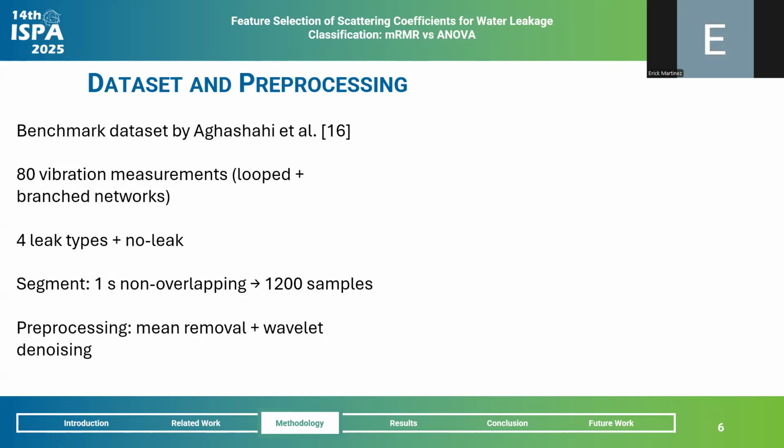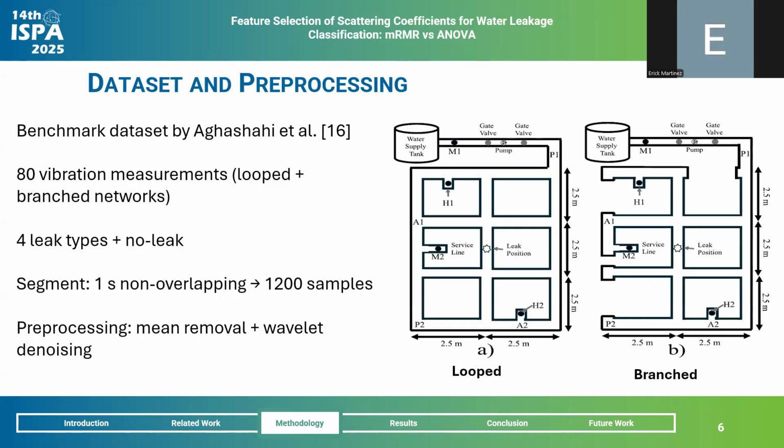We also segmented the vibration data into 1 second non-overlapping smaller waveforms that led us to 1,200 samples. Some pre-processing steps that we applied to the data were the mean removal, and we also used wavelet denoising in order to remove the high frequency content of the waveform.